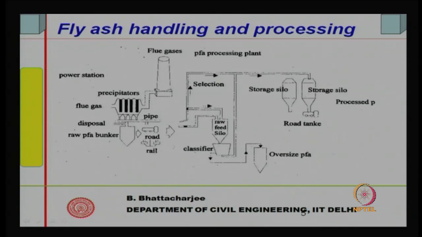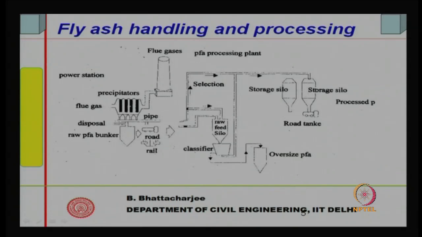Schematically, if we look at it again to understand fly ash as a material, first of all, this is basically the trucks or rail or roads, basically production from the power station.